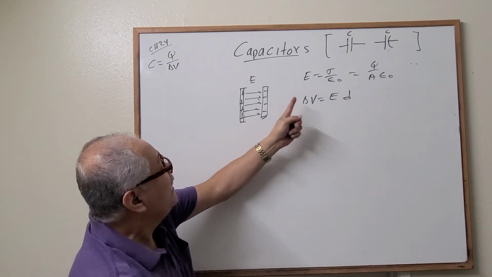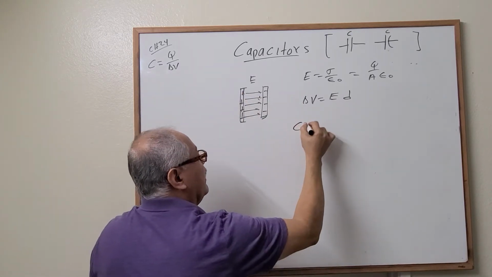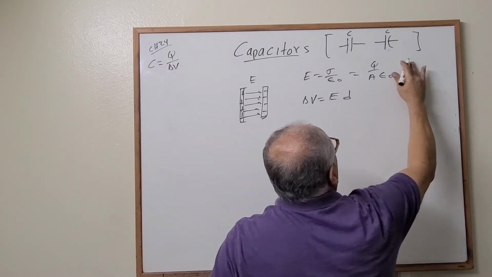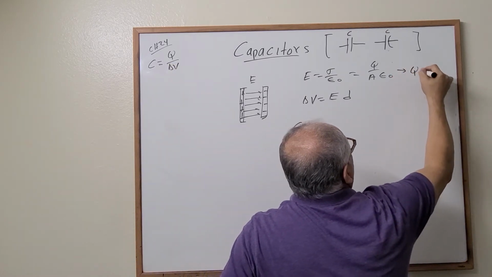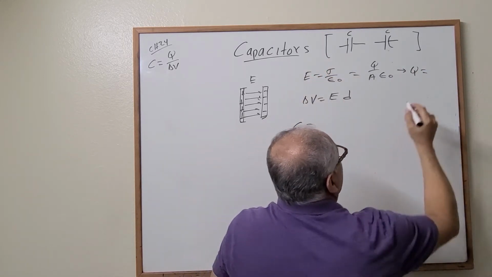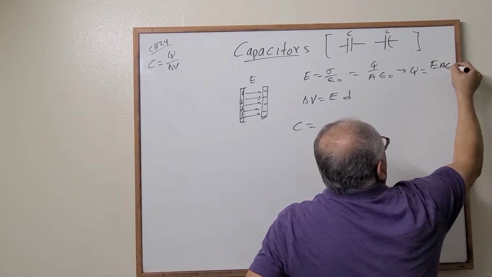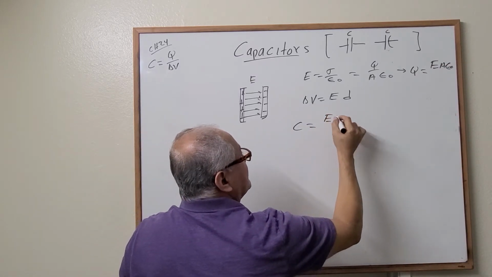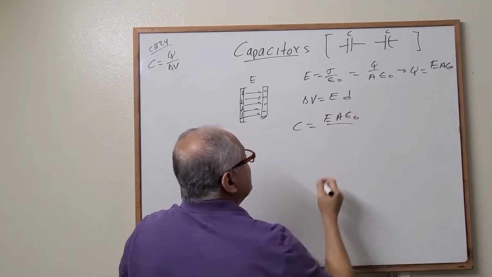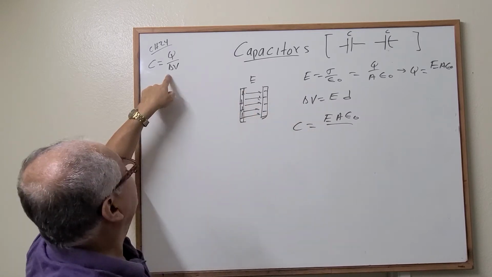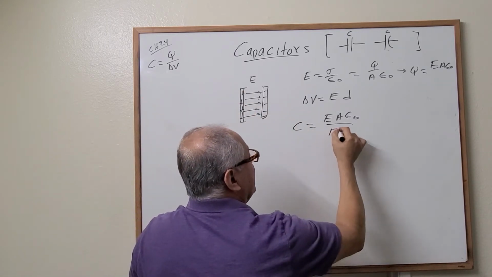Now let's use these two quantities in this equation. The capacitance equals the charge divided by the voltage. From here, let's solve for charge: charge equals electric field times area times epsilon naught. Divided by the voltage, which is E d.